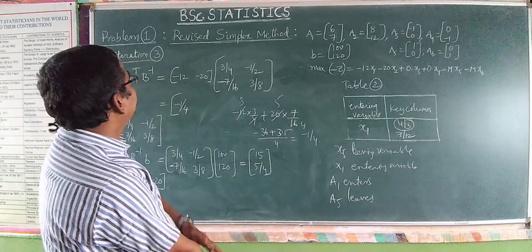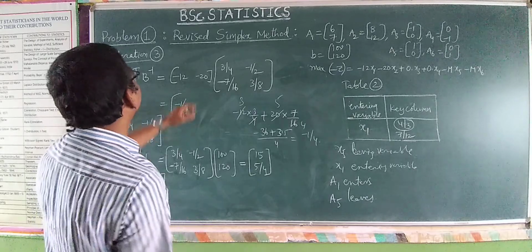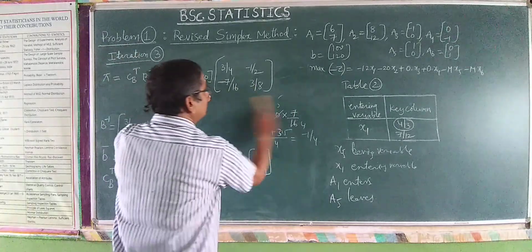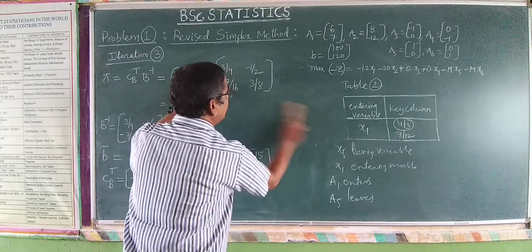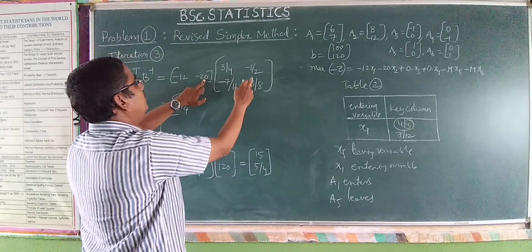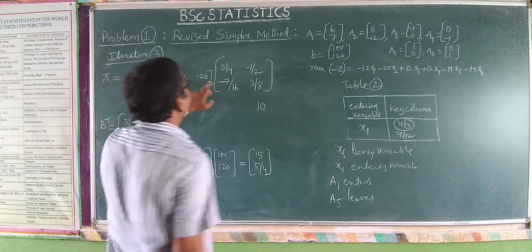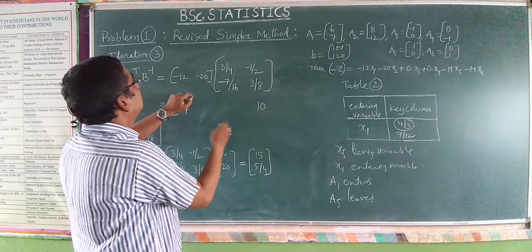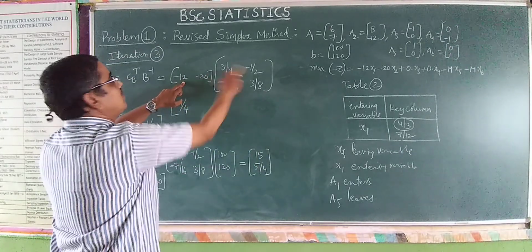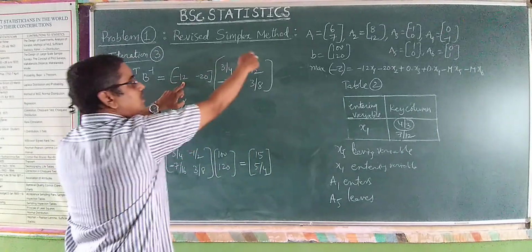Okay, and next one. Minus 20 into minus 1 by 2, which means 20 by 2, 10 plus 10. Next, not this one, I'm sorry. Minus 12 into minus 1 by 2, this row and second column.